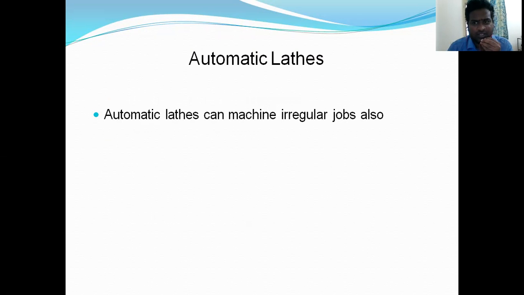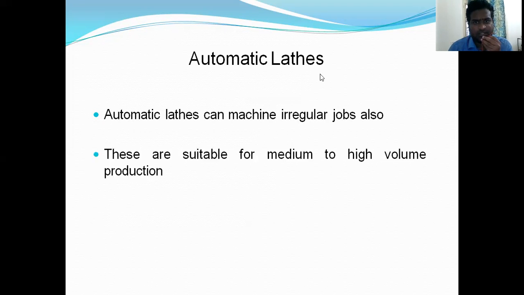That is the special feature here. Some of the operations are not done properly with the bench lathe or some of the other engine lathes, so these types of irregular jobs may be done by the automatic lathes.